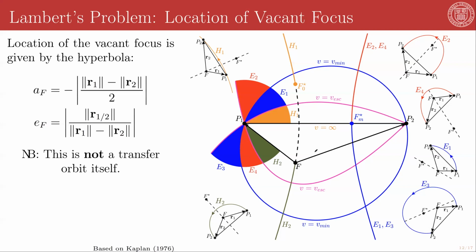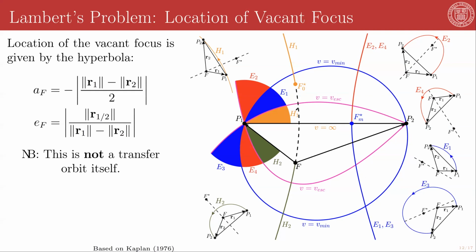The vacant foci corresponding to all elliptical transfers lie on this right-hand branch of this hyperbola. The 2 families, E1, E3, and E2, E4, branch off at that minimum energy focus. So any vacant foci locations lying on this part of the right hyperbolic branch belong to the E2, E4 family, and any vacant foci on this part of the hyperbolic branch belong to the E1, E3 family.